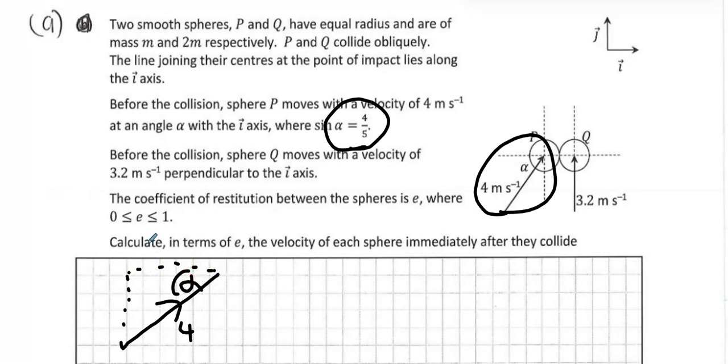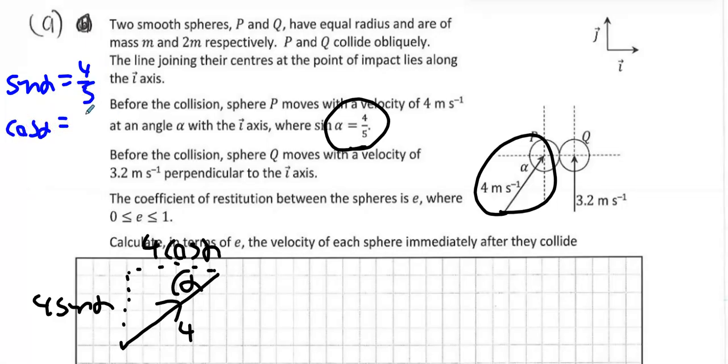Okay? So this is 4 cos A, and this is 4 sine A. And if sine A is 4 over 5, this would mean that cos A is 3 over 5, using a standard 5, 4, 3 right angle triangle, yeah?